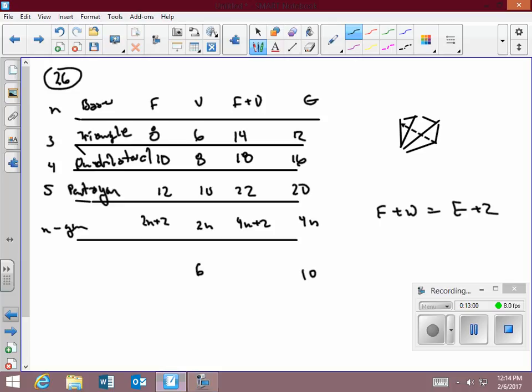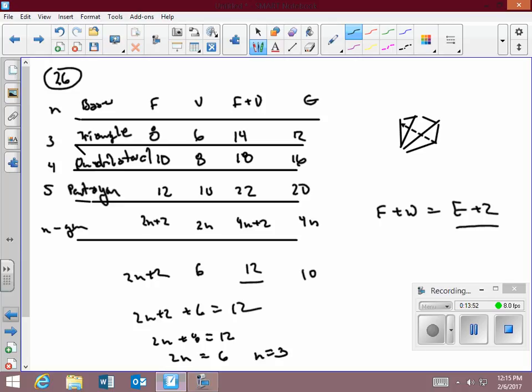So your formula says that this number right here is always E plus 2. So this has to be 12. And then this number right here is going to be 2n plus 2. 2n plus 2 plus 6 equals 12. So then you can solve, and n is equal to 3.